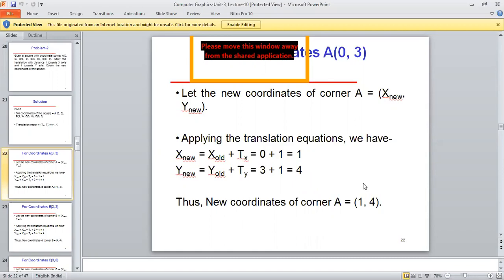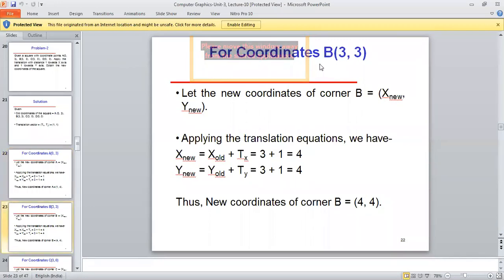Similarly, we can calculate for B, C, D in the same fashion. Now this is for B, 3, 3, let the new coordinates be x new, y new. Now we will calculate for vertex B. Again we use the same equations, x new equals x old plus tx, y new equals y old plus ty.